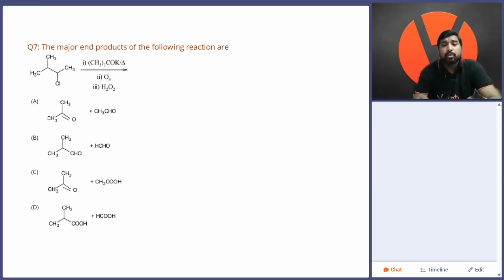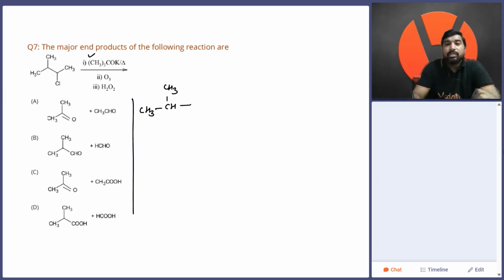Now come to the next question. The major product of the following. In this case, this is the tertiary butoxide, which is a bulky base. So if I'm talking about the reaction, that should be CH3, CH, CH3 and CHCl.